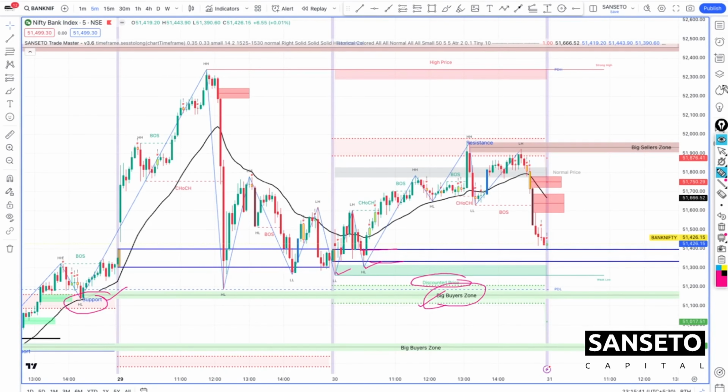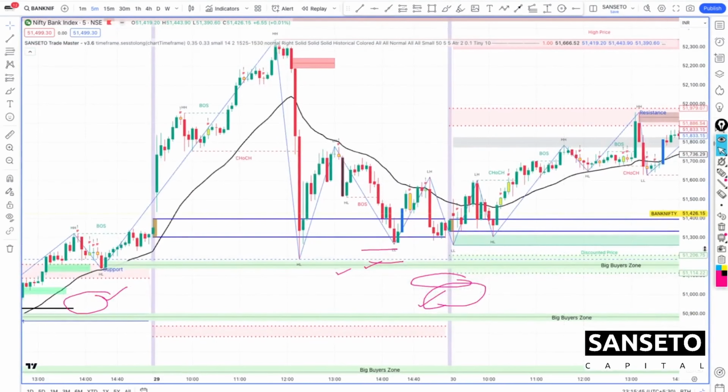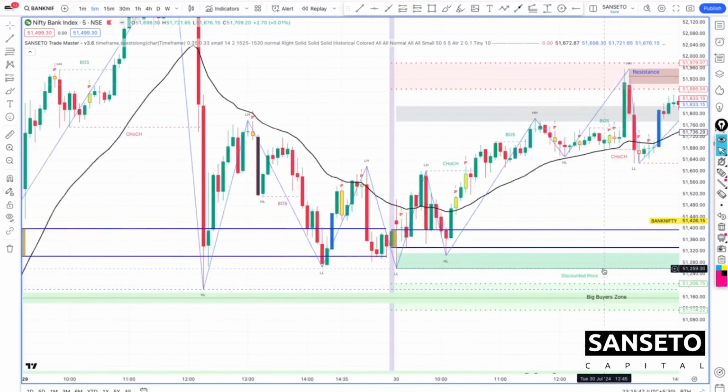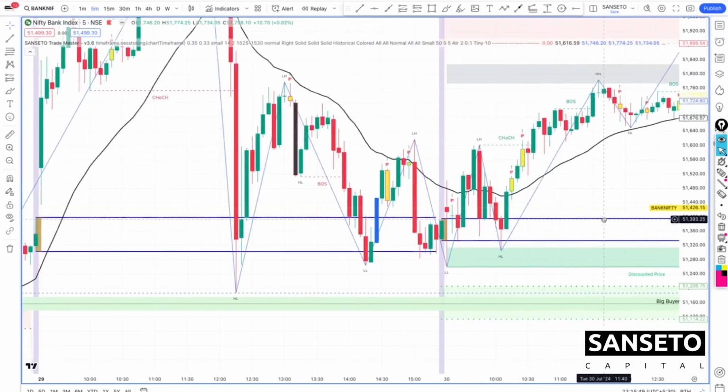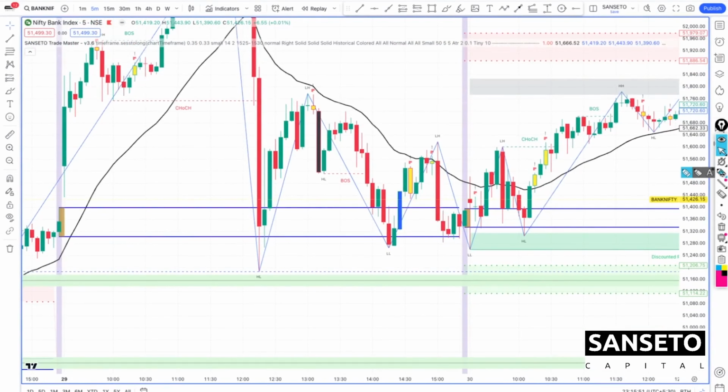Let me zoom in here. On this particular day, the previous day's last 5 minutes high and low has been marked. This is marked in advance, so when the market is opening, it is already plotted.